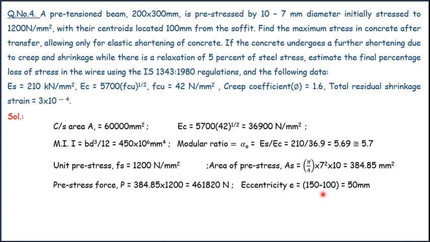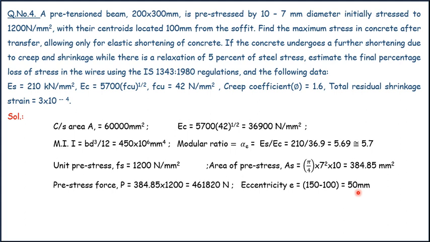Half of 300 is equal to 150. This 150 is in the bottom zone, that is below the neutral axis till the bottom fiber. So 150 minus 100, where 100 mm is the distance of the cables from the soffit. The remaining distance is known as the eccentricity of the cable.